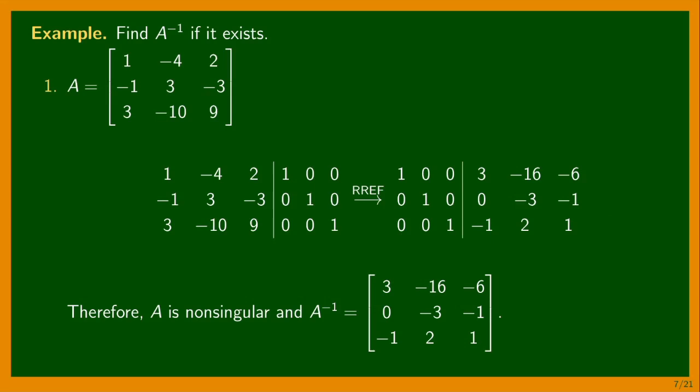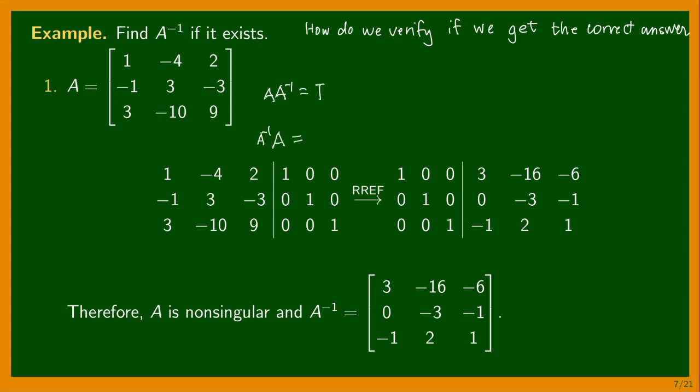Take note that you can verify that your answer is correct. Now, how do you verify if we get the correct answer? You can verify that by simply multiplying A times A inverse or A inverse times A. In either of these equations, you should be getting the identity 3 by 3 matrix.